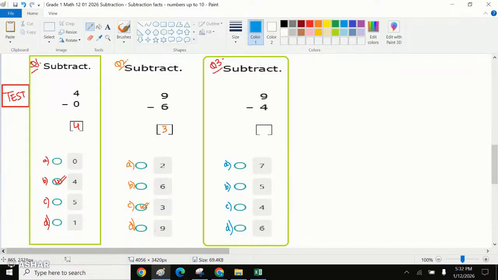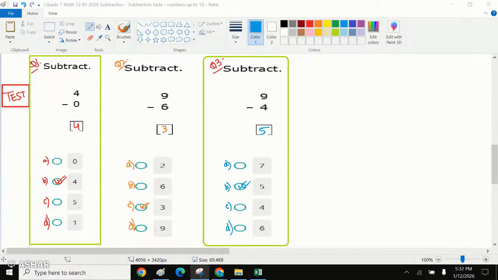Option B is correct. Thank you so much. That means 9 minus 4 would be equal to 5. Yes, option B. So we click on option B for this.